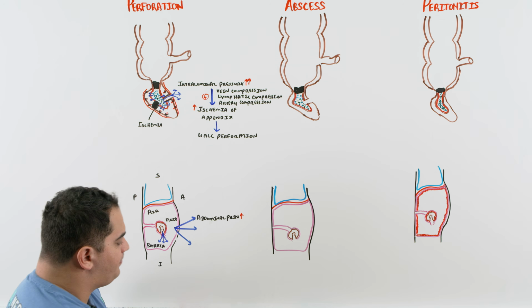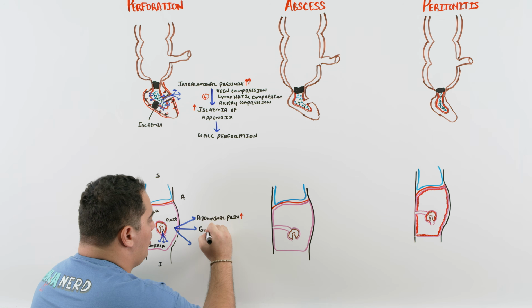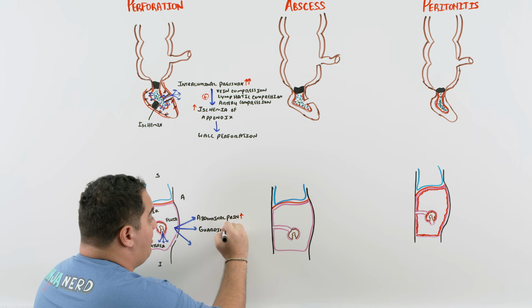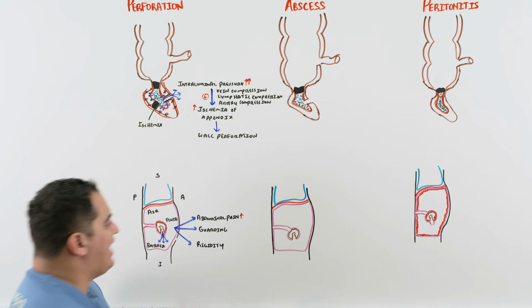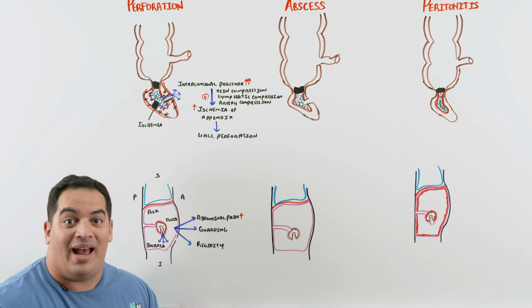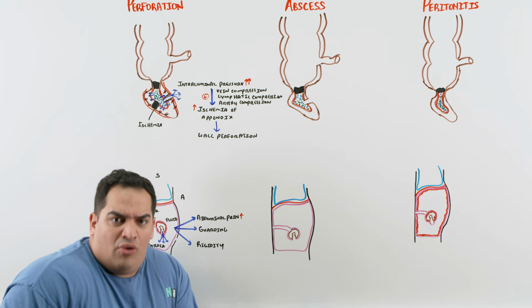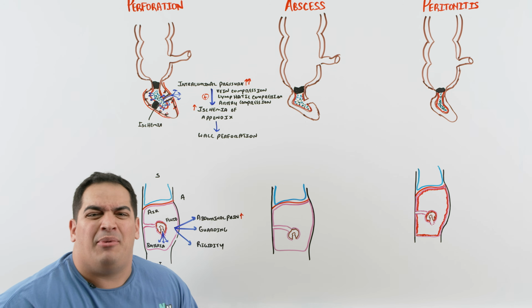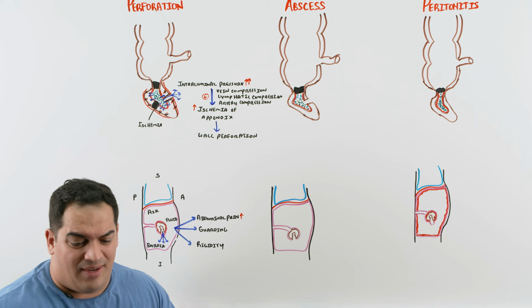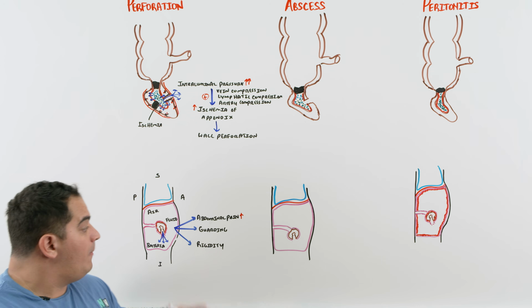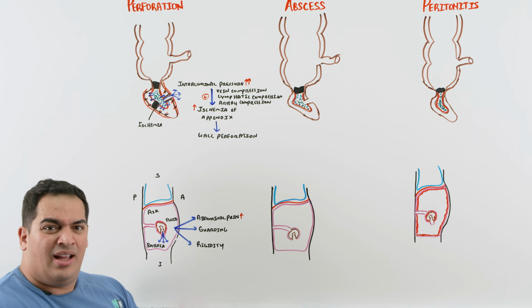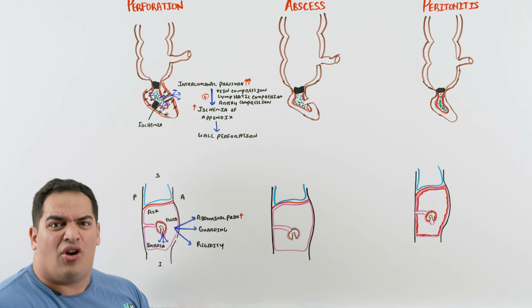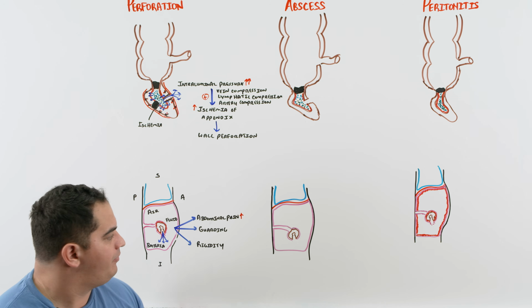The other thing is if they're guarding or they're exhibiting what's called rigidity. So let me explain what that means. So guarding is you come to the bed, you're getting ready to palpate, they're like, no, don't touch me. Because their abdomen is so sore and so sensitive that if you touch it, they'll scream. Or if you go and touch the abdomen, because of all this kind of perforation, their abdomen could be super rigid and hard, and that could be also indicative.